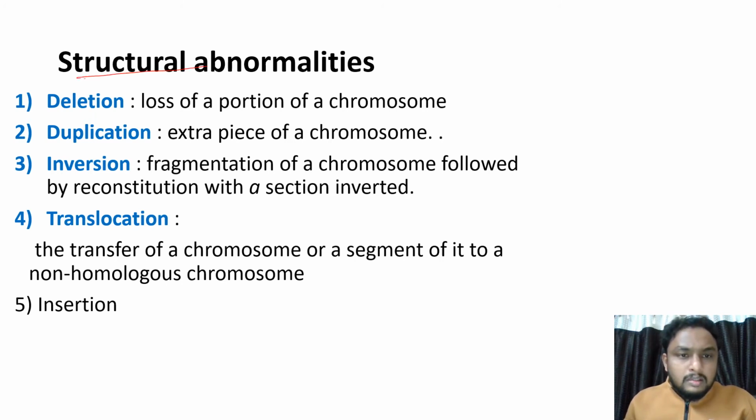Here we have four types of structural abnormalities: deletion, duplication, inversion, translocation, and another type, insertion also. Five types. What is happening in deletion? It means loss of a portion of a chromosome. The name itself suggests there is a loss of a portion of a chromosome.